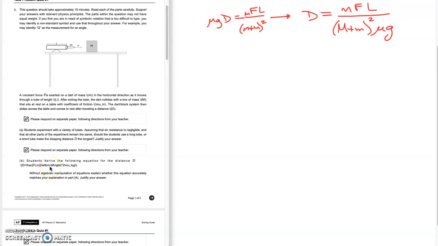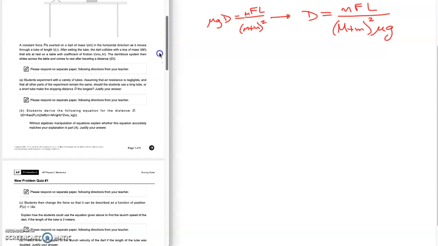They gave us the final equation indicating the relationship between the sliding distance d and the original length of the tube L. The functional relationship is that L is in the numerator, so if we increase L, we're going to increase D. And that's all they want you to say: yes, that fits with what I said. A longer length tube will result in a longer sliding distance, D, because L is on the numerator of the fraction, so increasing L will increase D as they are proportional to each other.